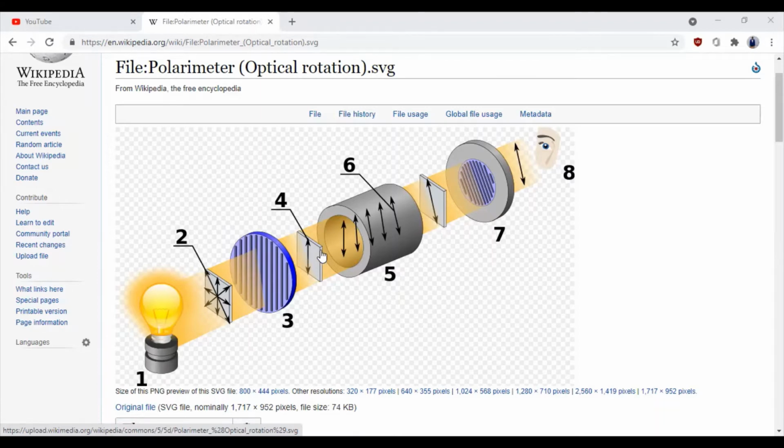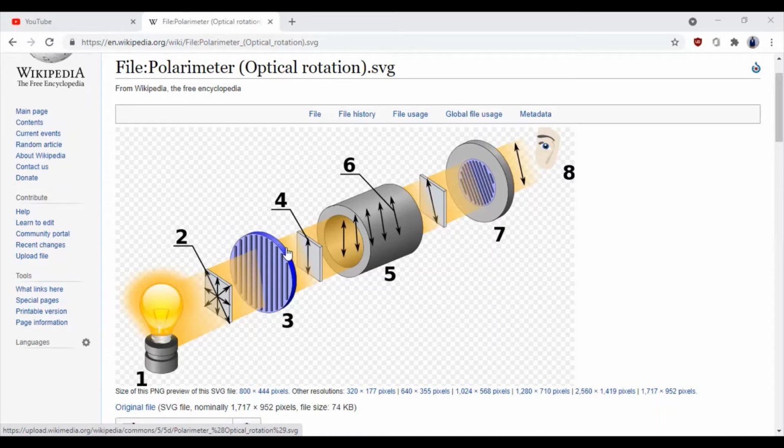Now, this plane of light will make an angle, let's say with the x-axis. Okay, if it is making an angle of 90 degrees, and you are passing this plane polarized light through an optically active organic compound or any normal compound for that matter, that plane polarized light will have its axis of vibration rotated either towards the left or towards the right. Okay, but it will rotate.